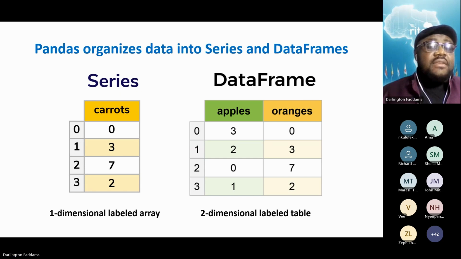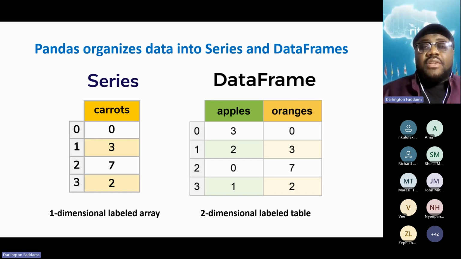So lists are one-dimensional data. In Pandas, instead of working with a list, you can import your lists into Pandas and convert it into a series. So any one-dimensional data within Pandas is referred to as a series.